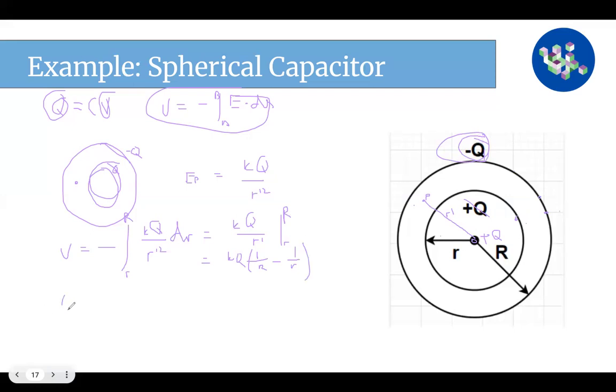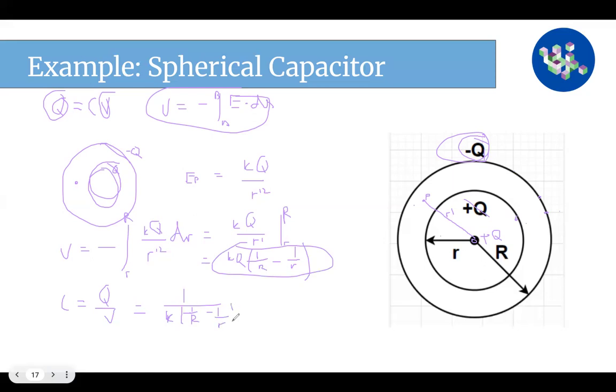So this is our V. And I know that C is equal to Q over V. So C would equal Q divided by this, which gives 1 over K times 1 over the big R minus 1 over the small r.